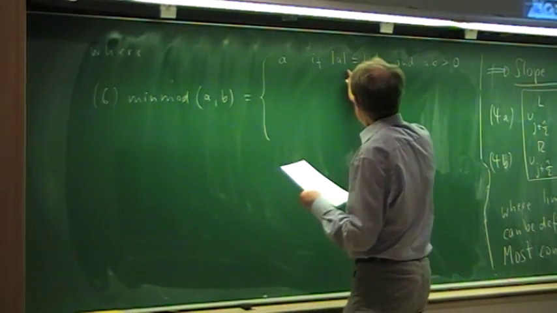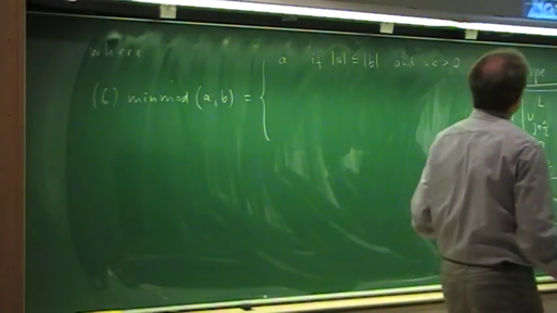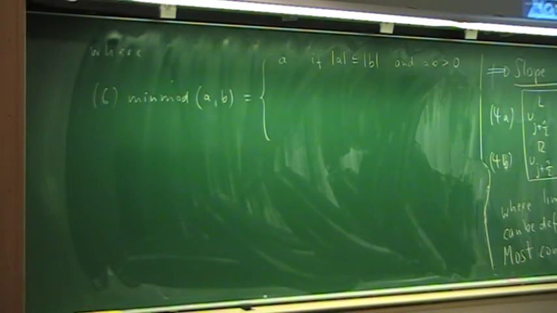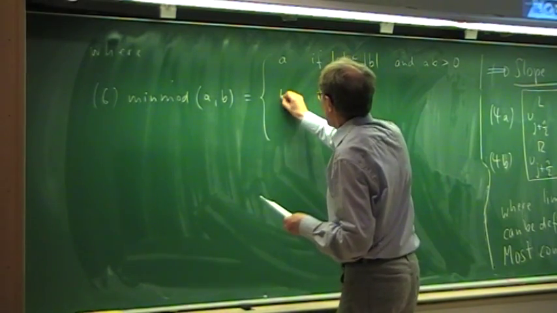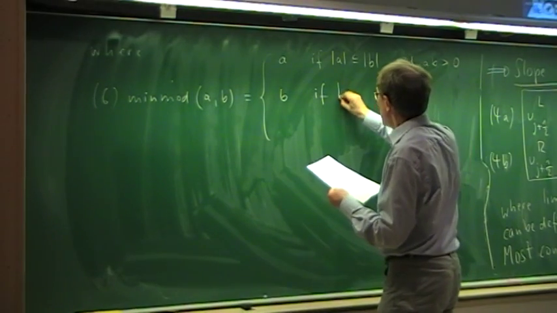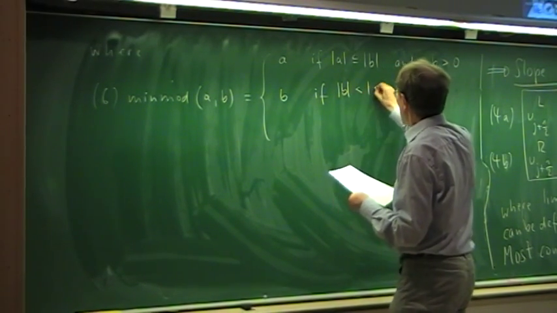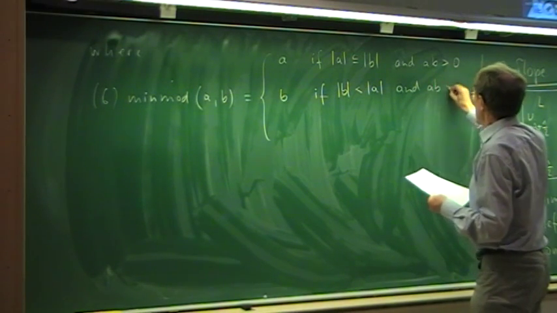If that is not like that, but we have still the same sign, imagine that the uj plus 1 would have been, say, equal to uj, for example, then we would have taken the slope in that direction. It would be B if the absolute value of B is smaller than the absolute value of A, and the product is positive.